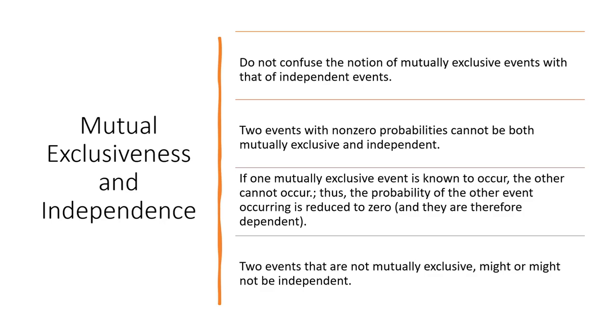If one mutually exclusive event is known to occur, the other event can't occur. Two events that are not mutually exclusive might or might not be independent of each other. Just because they're not mutually exclusive doesn't mean that they're independent.